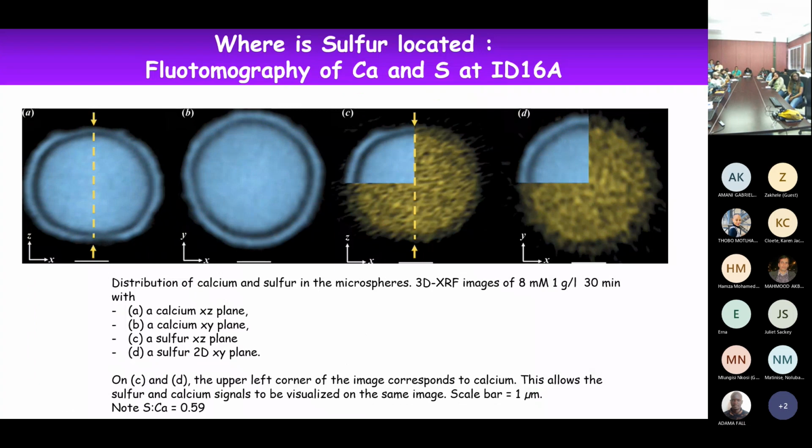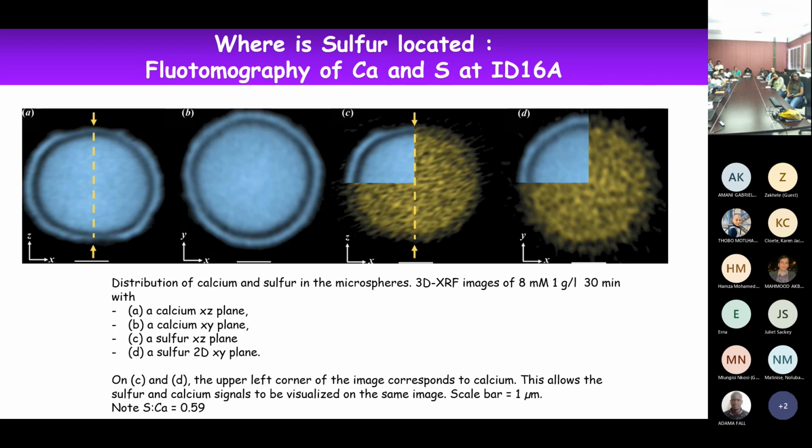And just to show you another way of understanding what was going on, we have been working on fluorescence tomography as well. So what is this technique? It's on another beam. We do fluorescence of the elements, and we do 3D images of a given particle at different energies, and we can locate, for instance, the calcium and the sulfur inside the particle.